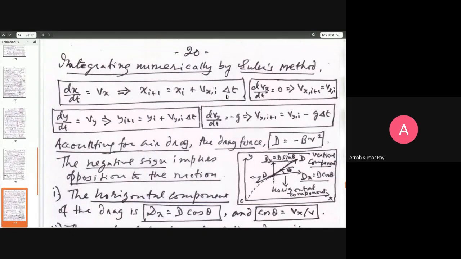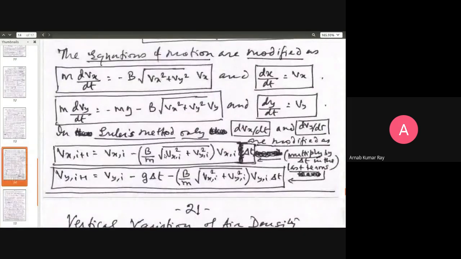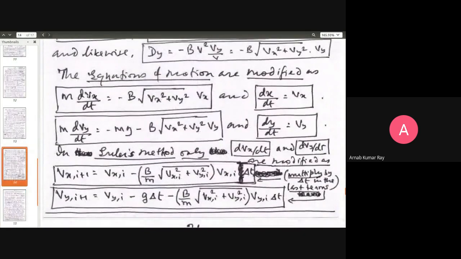So the x and y equations are not to be changed in their form in the Euler method. The velocity equations have to be changed. How so? Let us see. What is the velocity equation? Delta v is equal to minus b by m into this thing, into delta t. In Euler's method, only the dvx dt and dvy dt equations are modified.